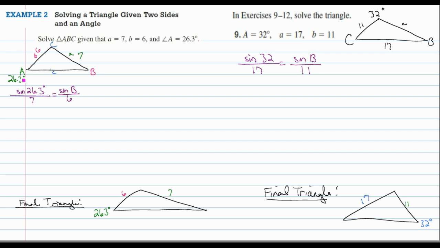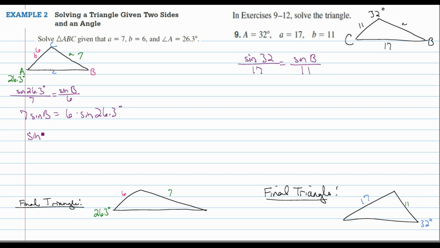So I'm given an angle of 26.3 degrees for angle A and side a. So I can set up my proportion just like example 1 and cross multiply. So 7 sine B equals 6 times the sine of 26.3 degrees.